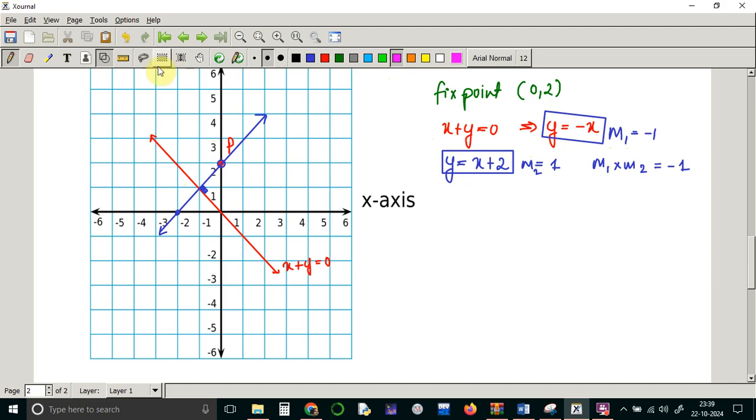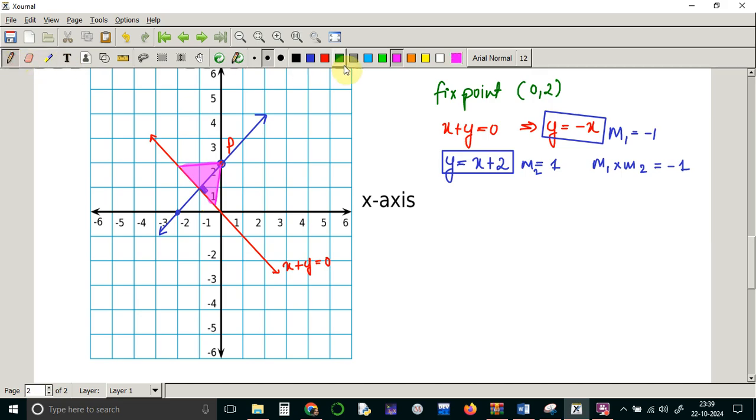Now we have to draw an equilateral triangle having vertex at this point. So the equilateral triangle could be this and like this. And we have to find this area.